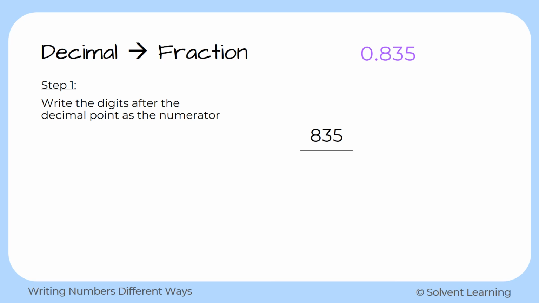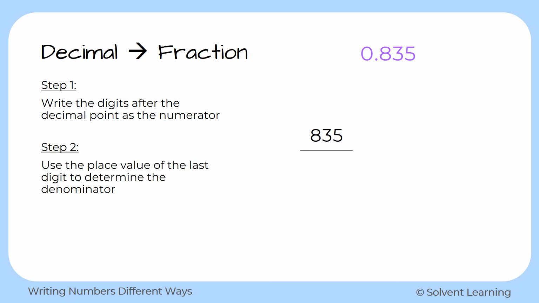Our second step is to use the place value of the last digit to determine the denominator of our fraction. So the last digit of our decimal is 5, and it's in the thousandths place. So that tells us that our denominator is going to be 1,000.